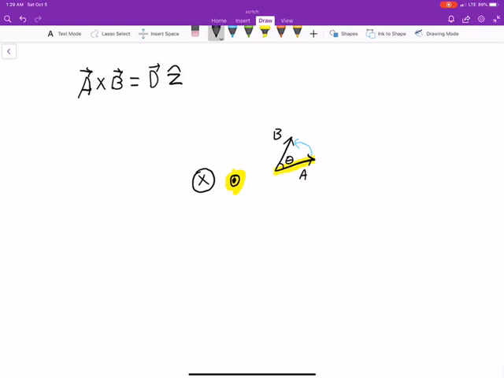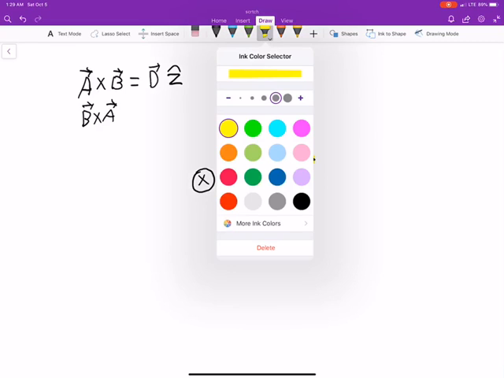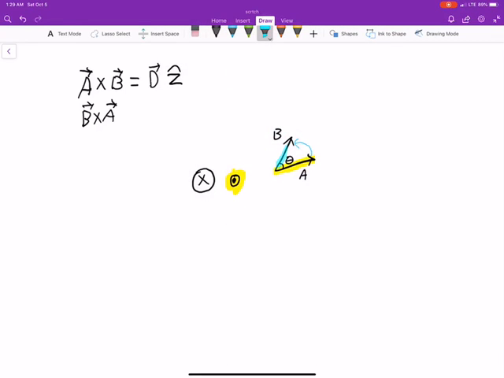Let's flip it around, though. Let's say we wanted to do B cross A. Well, if you put your right-handed fingers onto vector B now, because that's the first vector we see, the only way you can comfortably curl your fingers towards A is with your thumb down. So that gives us negative z.